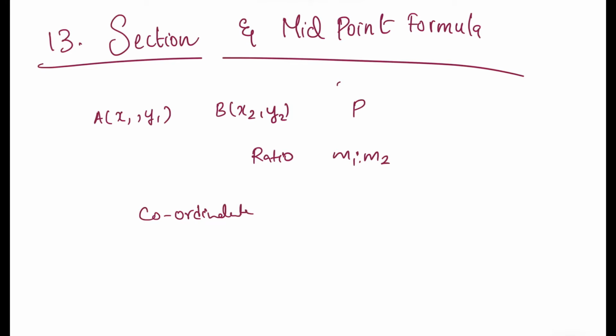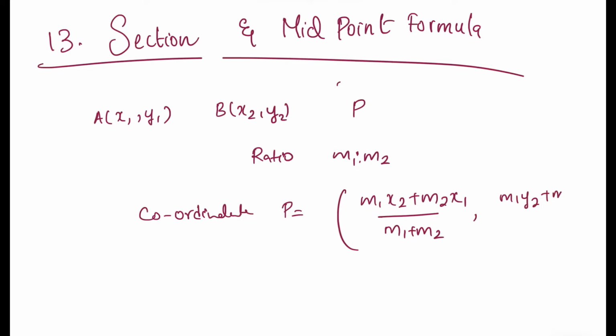The coordinates of P will be equal to (m1 x2 plus m2 x1) by (m1 plus m2) and (m1 y2 plus m2 y1) by (m1 plus m2). Okay, this is how you represent the section formula.